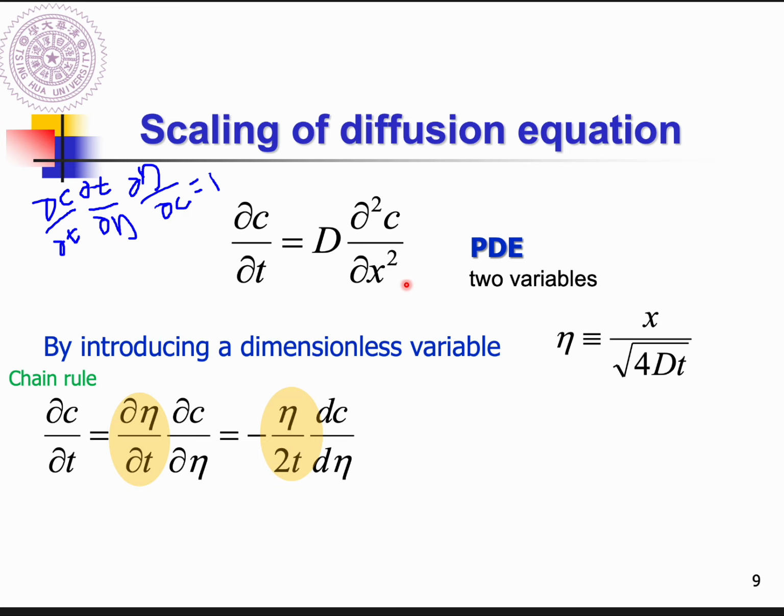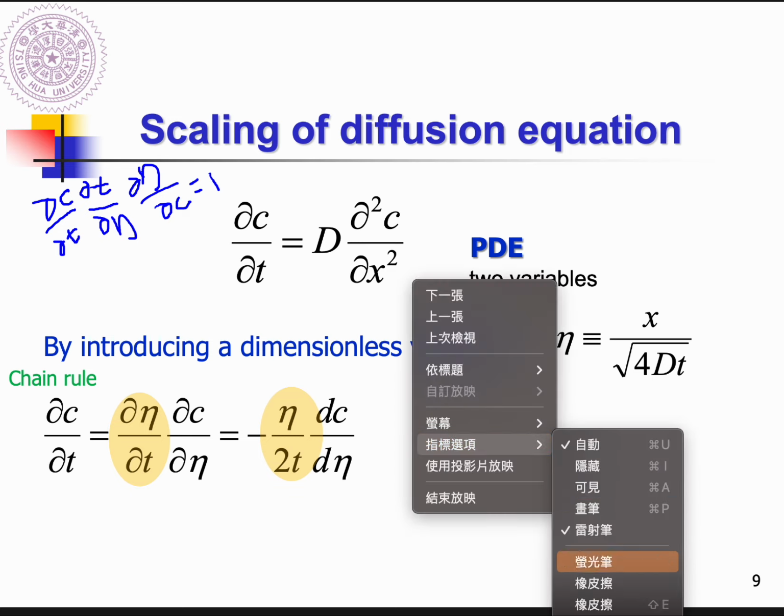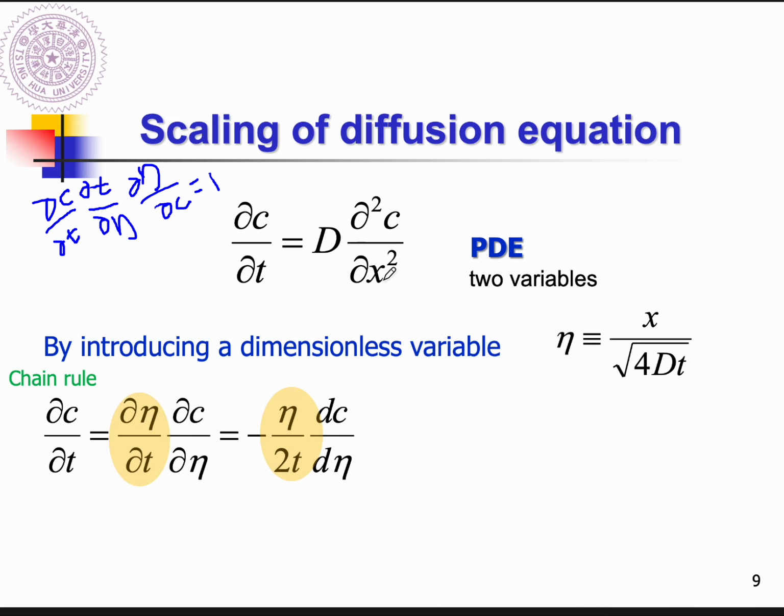And this term, then the right hand side, how we deal with it is, let me draw this. You just substitute the square root of 4Dt times eta to substitute x, because x equals the square root of 4Dt times eta, right?